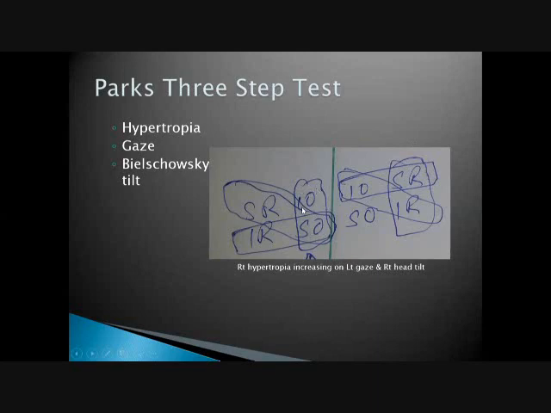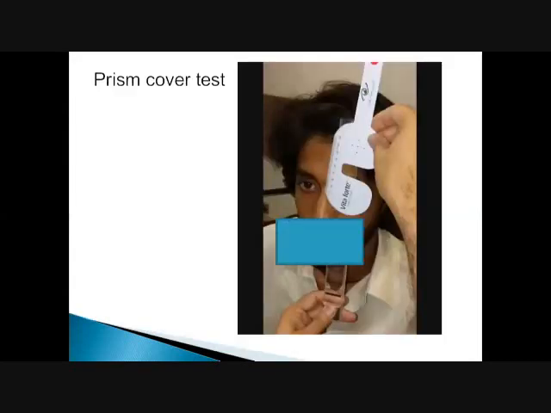Let's say it is increasing in the right gaze. So these are the 4 muscles which are more active in the right gaze, and then on head tilt, if it is increasing on the right head tilt, then we encircle this one. So when the 3 circles coincide, this is the superior oblique. So the superior oblique palsy, which our patient we are drawing accordingly.